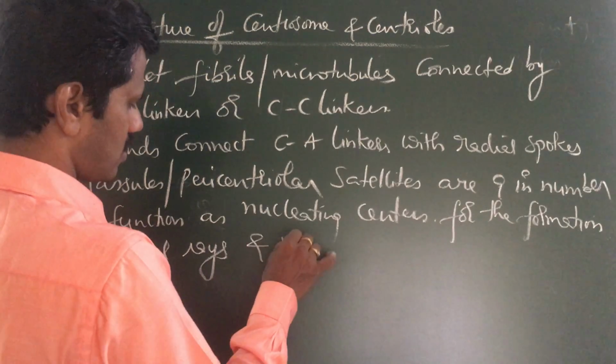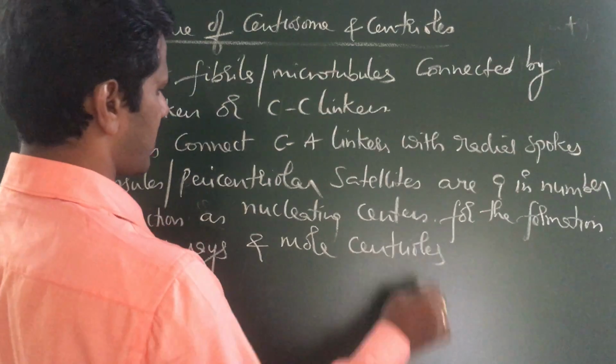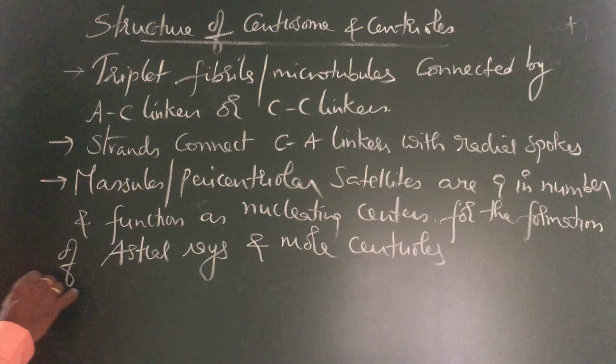So centrioles are formed from these massieules. What is the function of the centrosome and centrioles? They form basal bodies, which give rise to cilia and flagella.